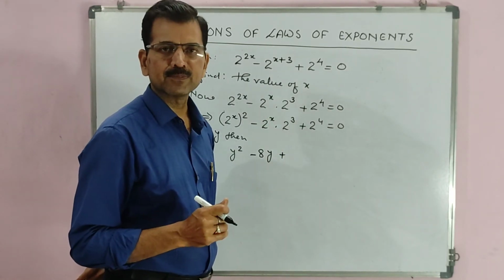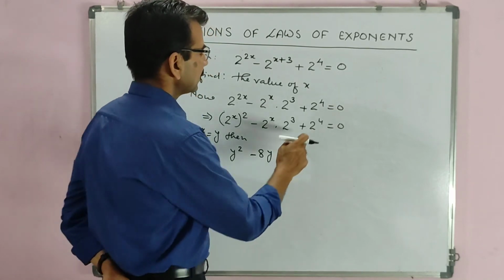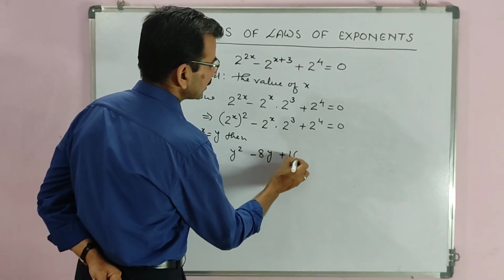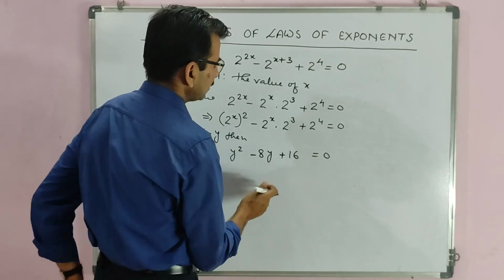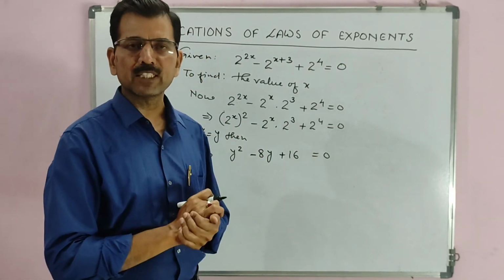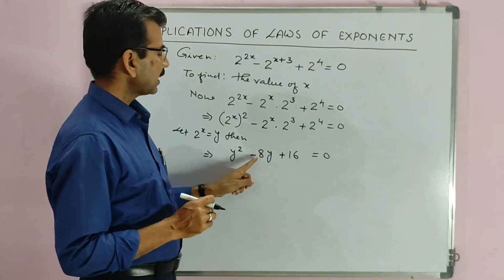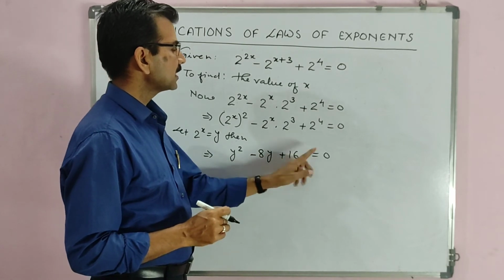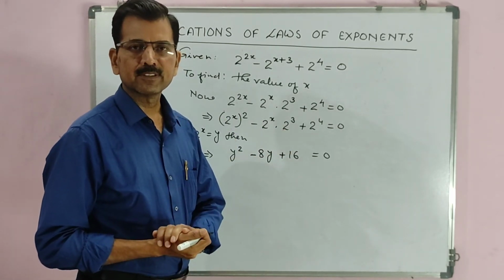How much is it? Yes, good, it is 16, equal to 0. You see that in a very simple form we have got one equation: y square minus 8y plus 16 is equal to 0.